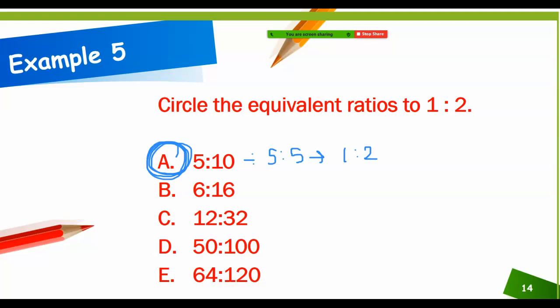Okay, Nevaeh, what should I divide my example in B by? Or what do 6 and 16 both divide by? 2. Okay, so let's start with that. If you don't know, pick a number you know they do divide by. Okay, Madison, what'd you get?